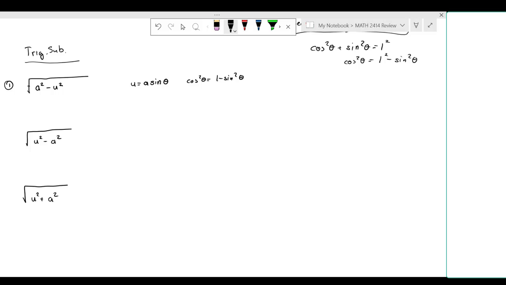Case 2, that would remind me of u as your variable part, and then you have your minus constant squared, so we should let u equal a times secant theta, and then use the identity.